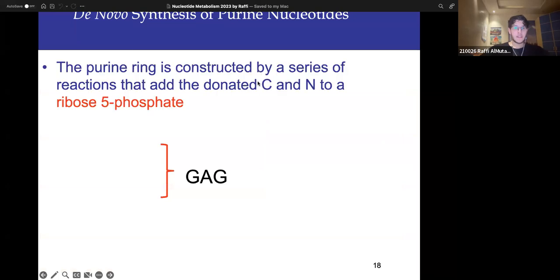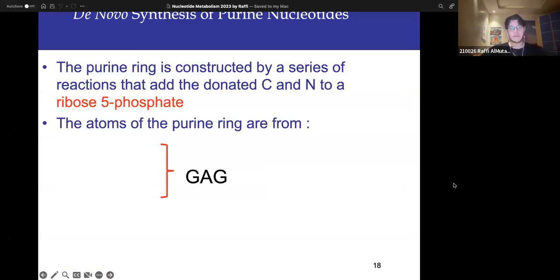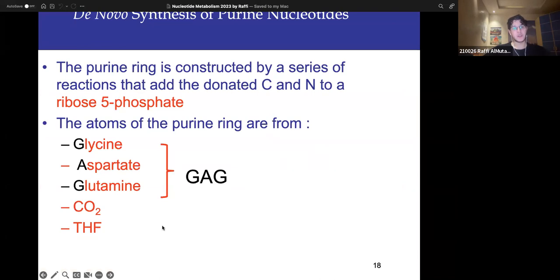Now, I asked you guys to remember that we don't make the base initially. We add atoms and eventually make the base. The atoms that are being donated are carbon and nitrogen, and they are donated from 5 molecules: glycine, aspartate, glutamine, carbon dioxide, and tetrahydrofolate.